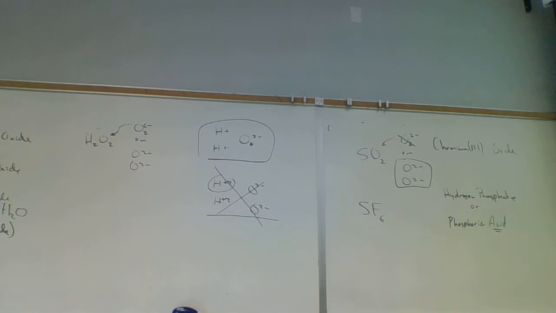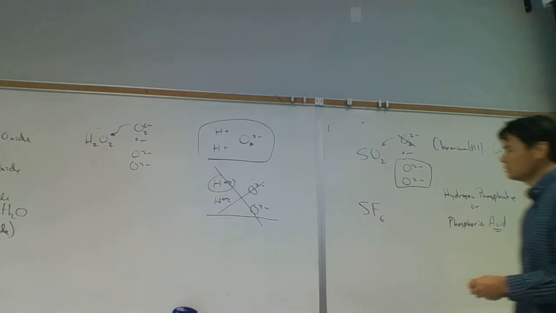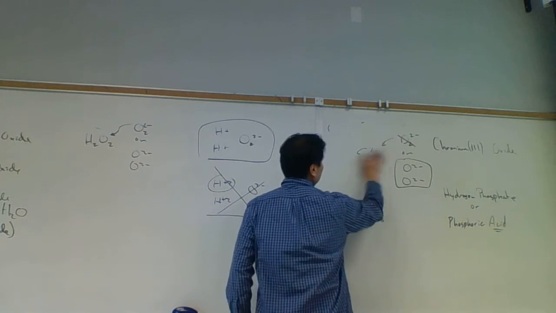Carbon can be 4+ or 4-. Sometimes it's hard to lose all 4 electrons. You know, in fact, losing electrons costs energy. Sometimes it's too much. So, for example, in carbon monoxide, well, let's go to carbon dioxide first.